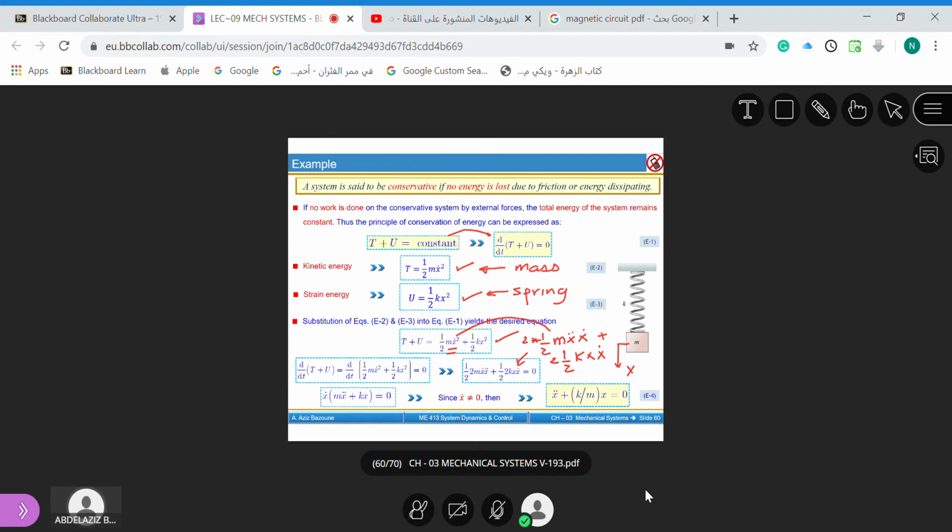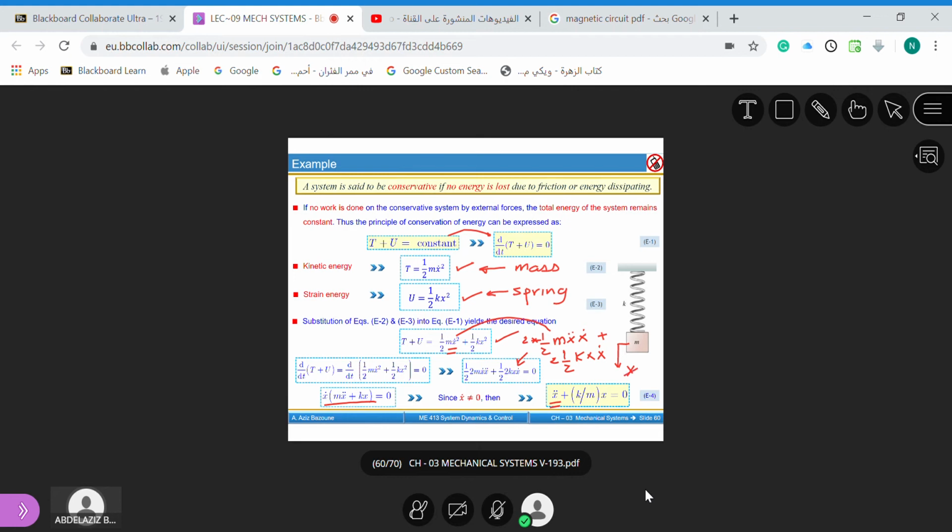We take x dot out, simplify the 2 with 2, and at the end of the day we obtain the equation x double dot plus k over m x is equal to 0, which is the same equation we obtained before when we dealt with Newton's second law.